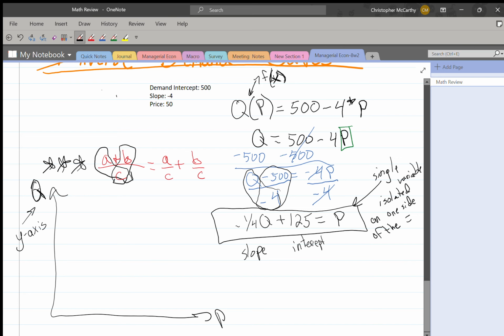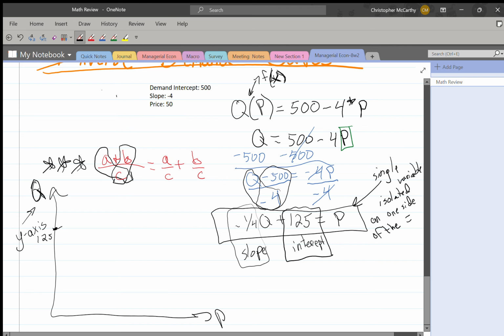Now that we have that, we can go ahead and plot it. It's 125. That's our intercept right here. That's our y-intercept, 125. And then our slope is going to be negative 1/4 or negative 0.25.